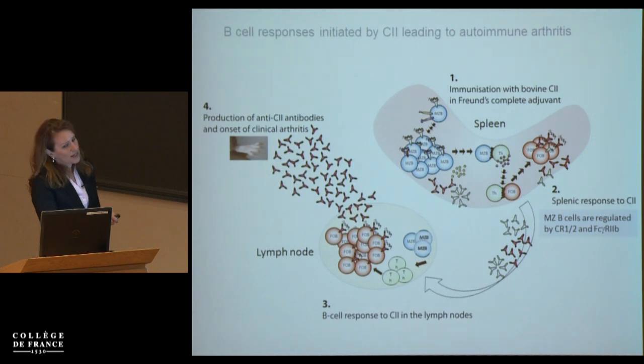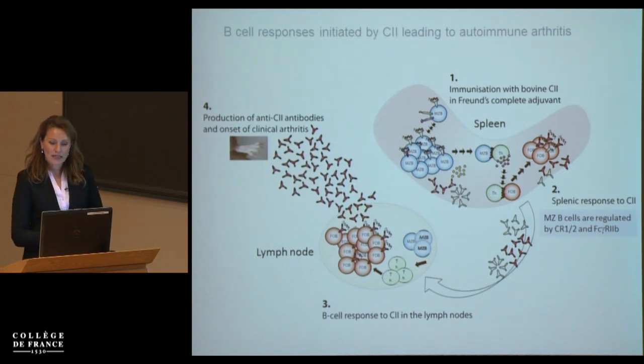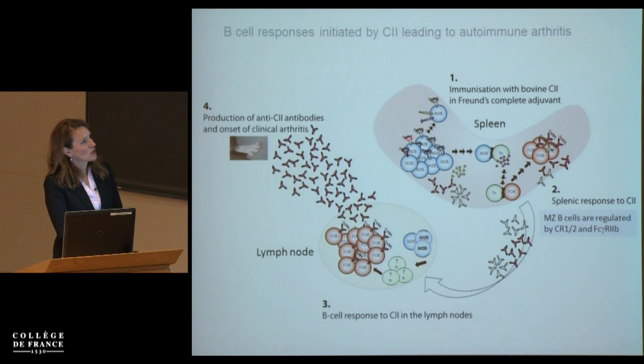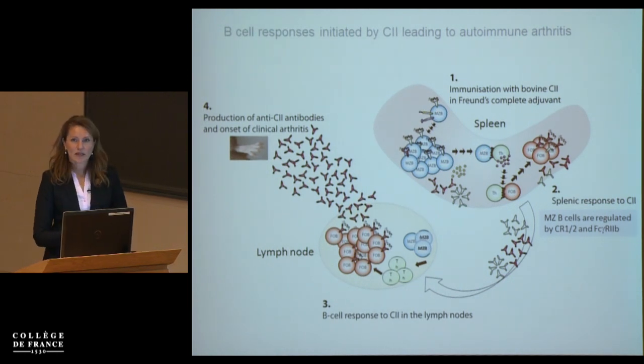So we believe that when we immunize mice, the first response starts in the spleen. This is then mediated by the marginal zone B cells, marginal zone B cells that are spontaneously reactive to this protein. And they expand and they will then interact with T cells and thereby break tolerance in the T cells to collagen.